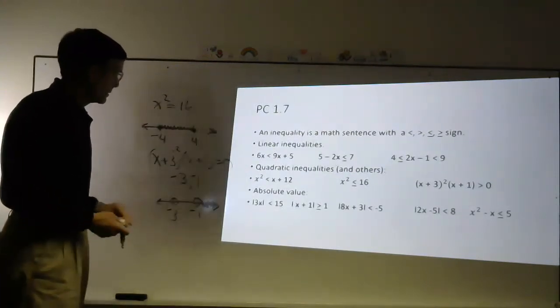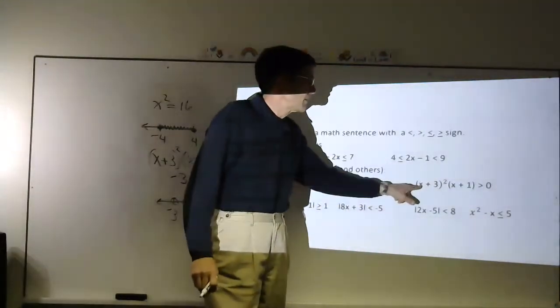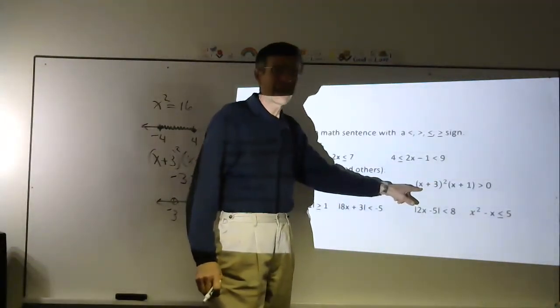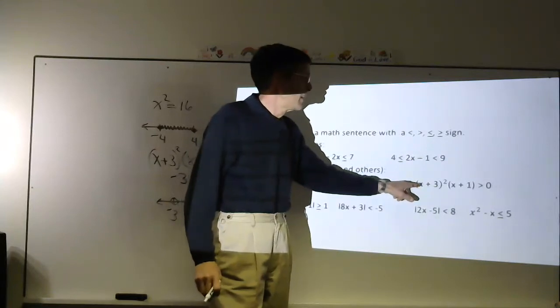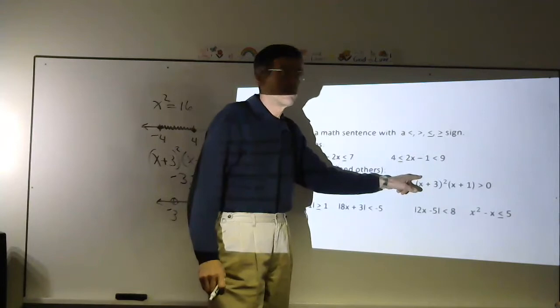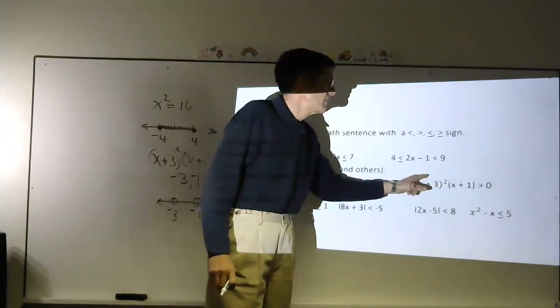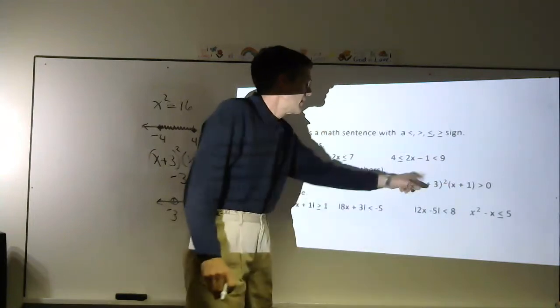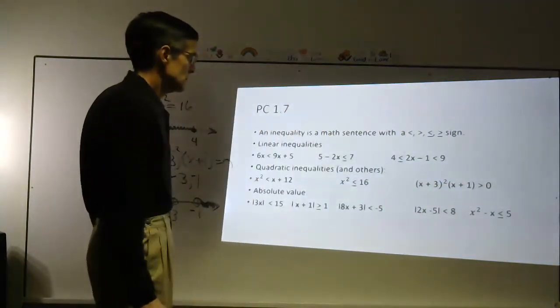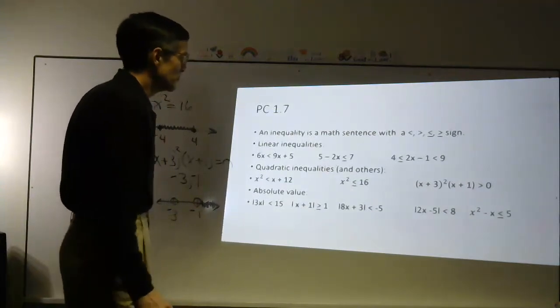How about down here? Like -5. -5 plus 3, and actually a slightly easier way to do this. -5 plus 3 is negative. Squared is positive. -5 plus 1 is negative. A negative times a positive is a negative, and a negative, I'll be damned. Let's try that again.